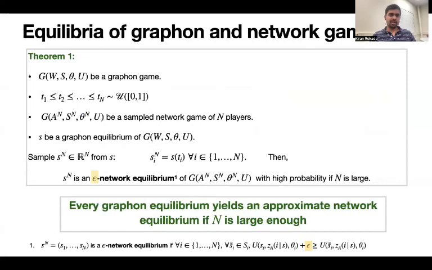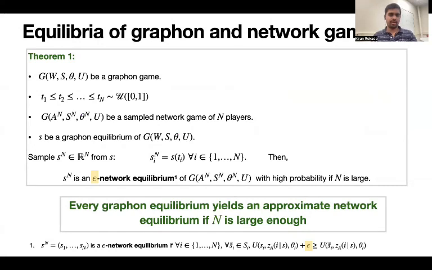So now that we know how to sample a network game from a Graphon game, we can relate the equilibria of these two games. And this is the topic of our first result. Suppose you are given a Graphon game and say you sample n points uniformly at random from the unit interval.